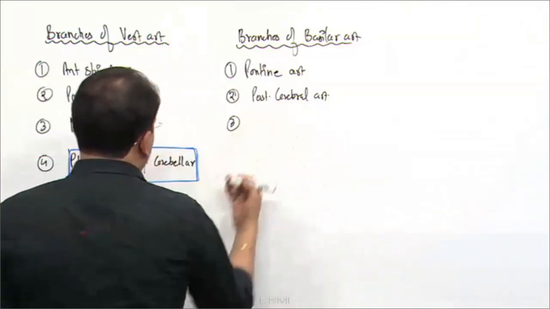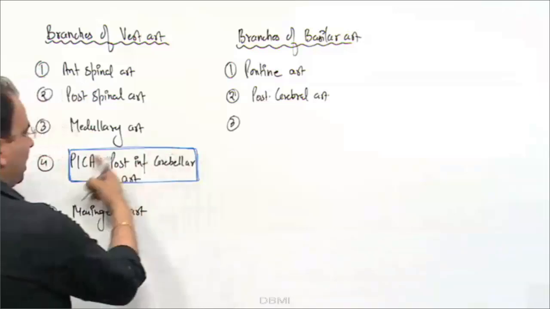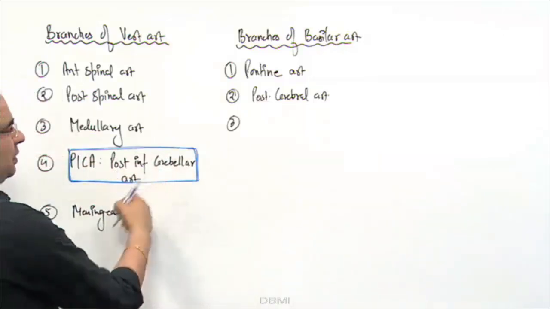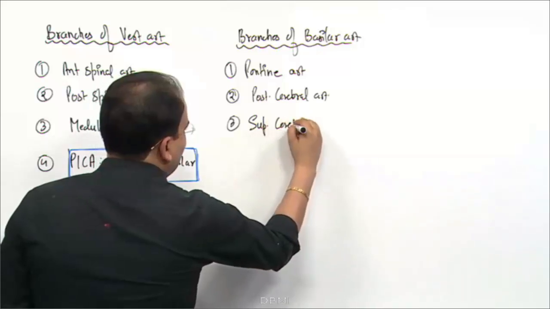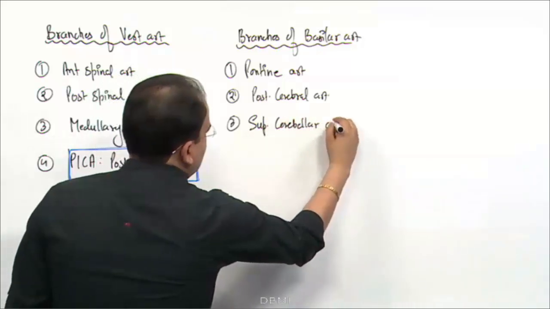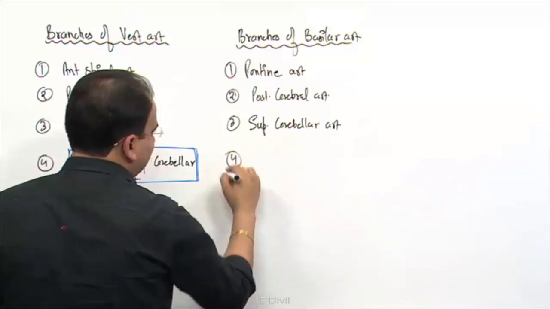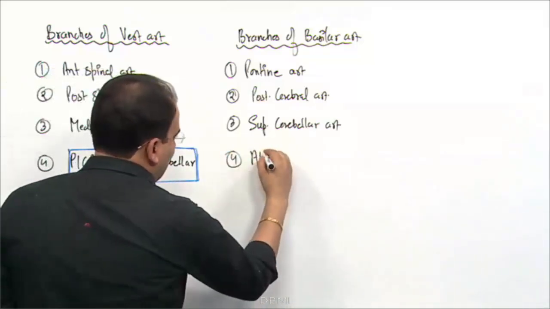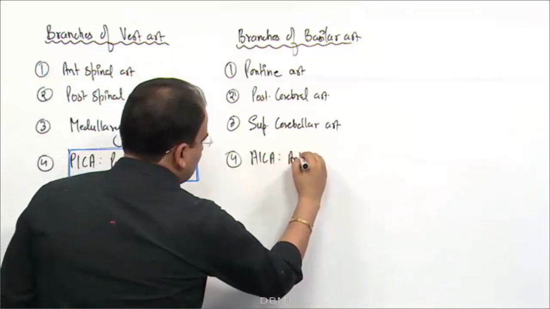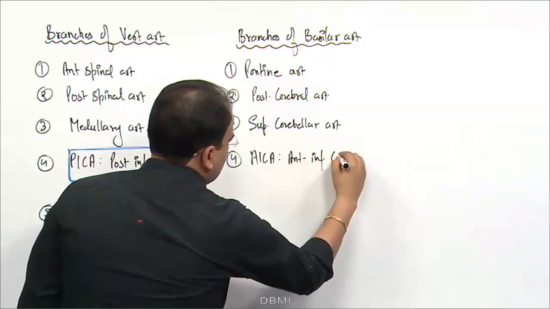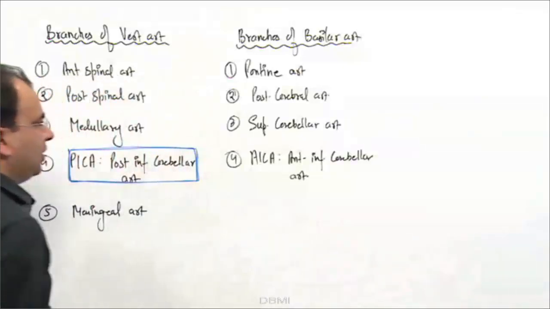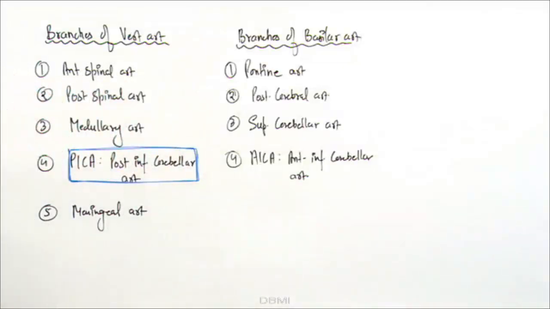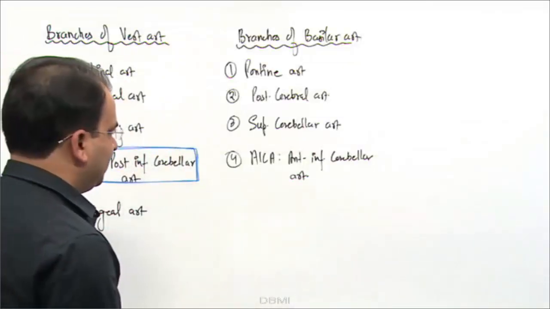It also gives off two branches which supply the cerebellum. One cerebellar branch comes from the vertebral, that is the posterior inferior cerebellar. The basilar will give off the superior cerebellar artery, and it also gives off the anterior inferior cerebellar artery.